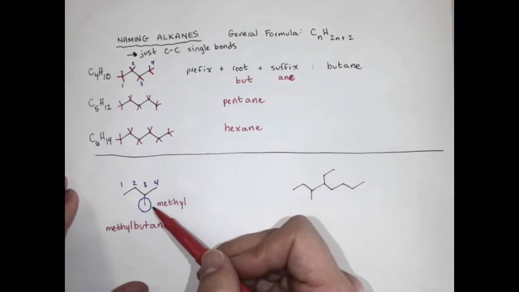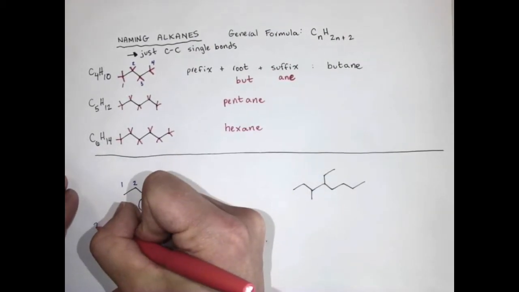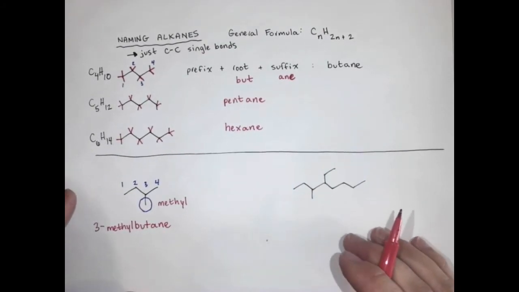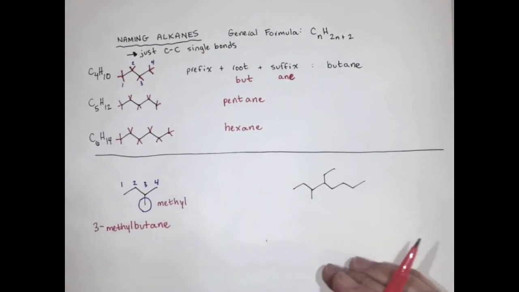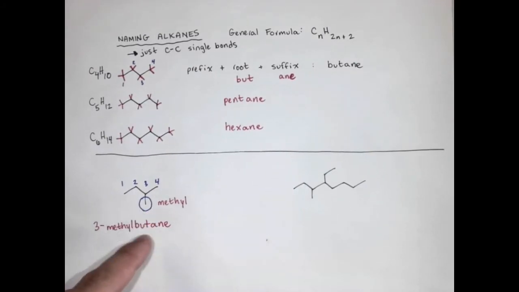And the methyl group, this 1 carbon group, is attached to carbon 3. So I would write 3-methylbutane. But that's slightly incorrect because the direction in which I number the carbons in the main chain affects the numbers that these branches get.